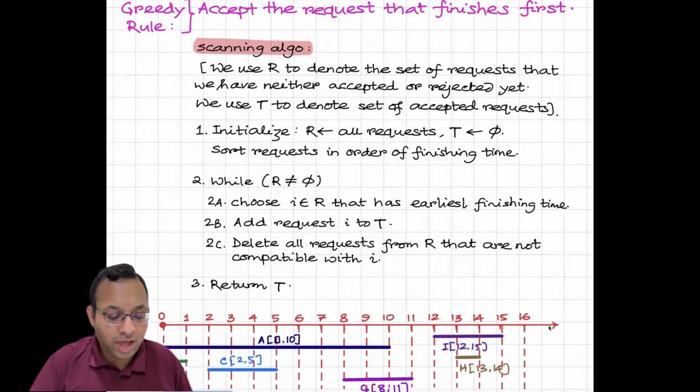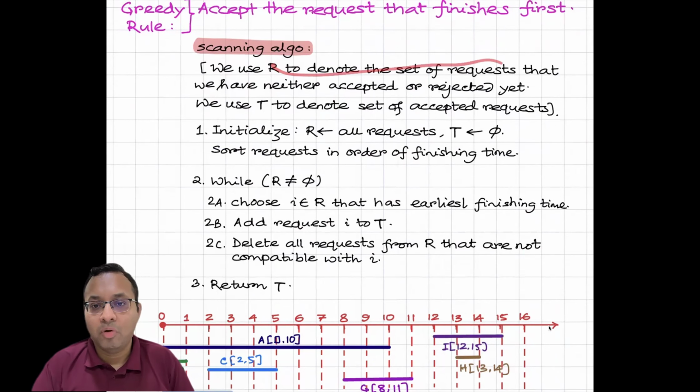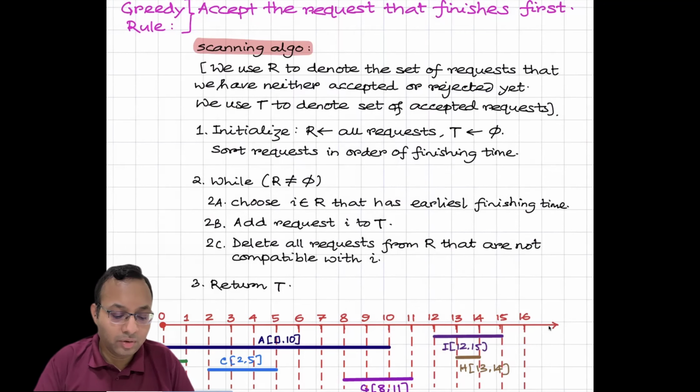So in the beginning, we have R to denote the set of all requests, and T is empty, and we'll continue, and R will decrease, and at the end R will become empty, and T will contain the set of accepted requests. So initially R equals all requests, T equals empty, and we sort requests according to finishing time.